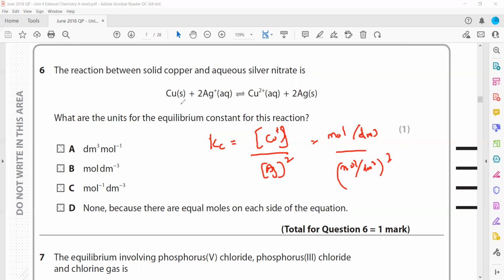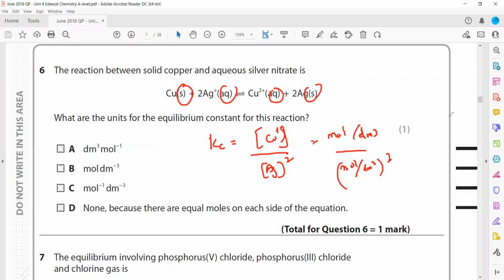So always check the state symbols, because if they are all in the same state, then we'll include all of them. But if they are different, then we'll use only the aqueous ones.